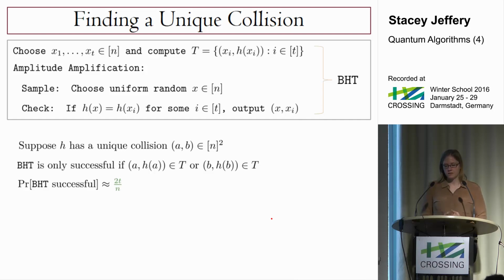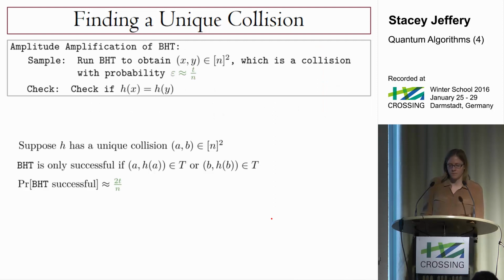Okay, so we can consider Brassard-Høyer-Tapp as an algorithm for this single collision version of collision finding that has a low success probability, only like T over N. But luckily we know what to do with such an algorithm. We can amplify the success probability using amplitude amplification.